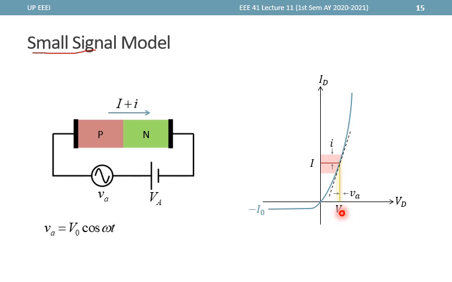So if we consider this applied voltage small enough, that's why we call this the small signal model, then this line actually looks like a perfectly flat line when zoomed in enough. Then the relationship between these two is linear, and that linear relationship is through what we call the small signal resistance of the diode.